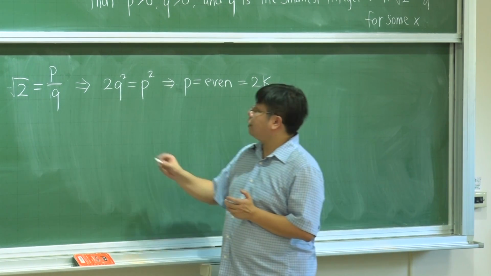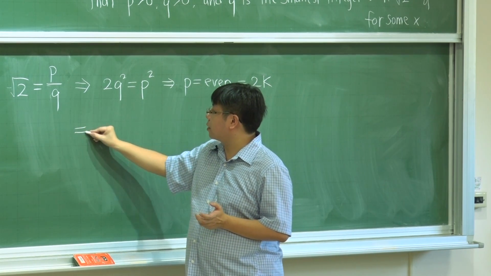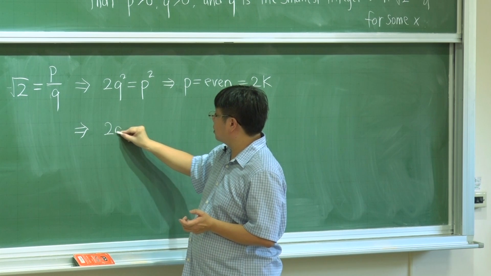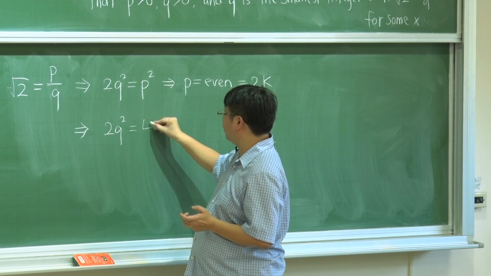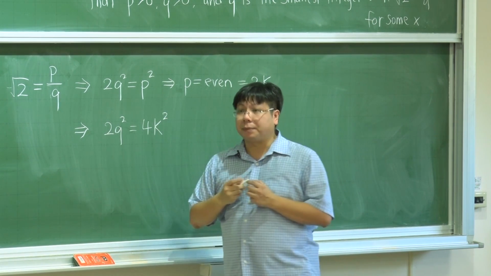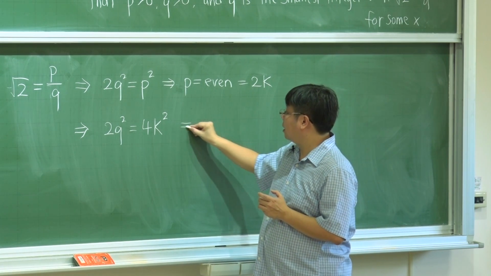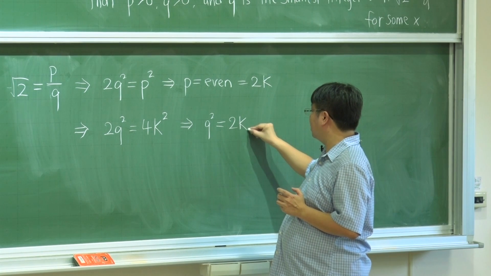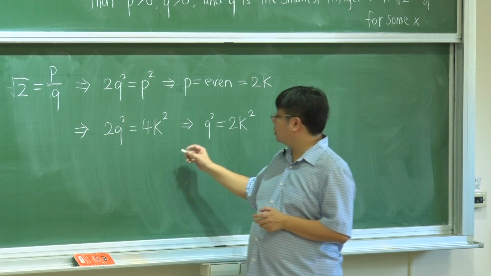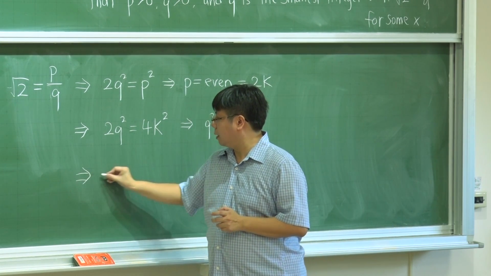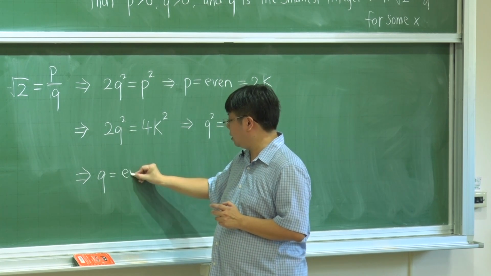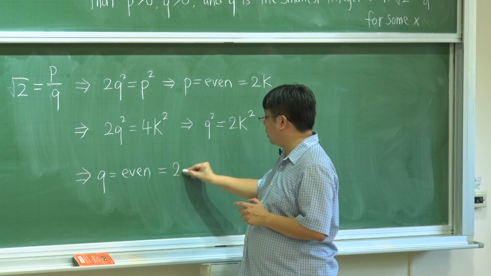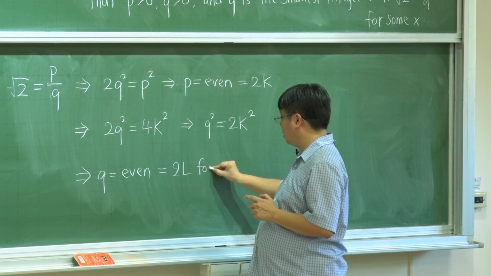Now because p is even, we will have 2q square is equal to 4k square, the same as before, so that we will have q square is equal to 2k square. And then we still have q has to be even, and then it is equal to 2l for some l.